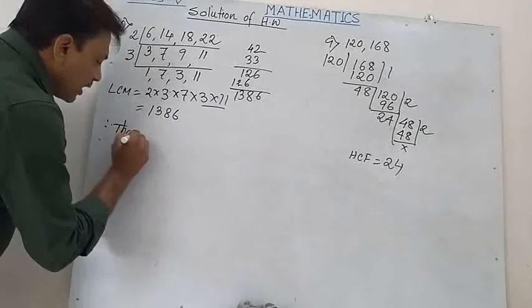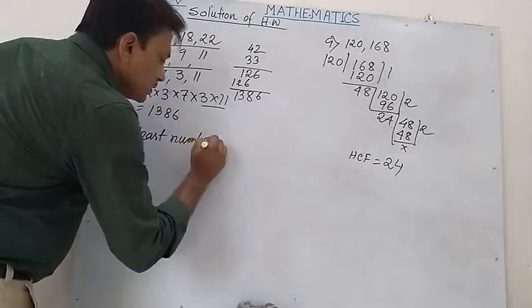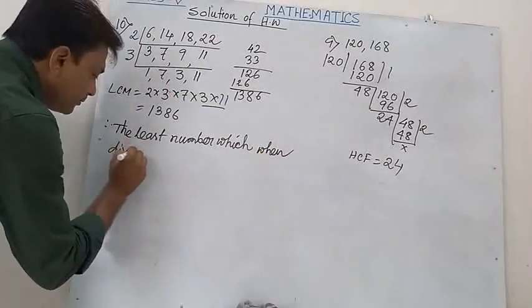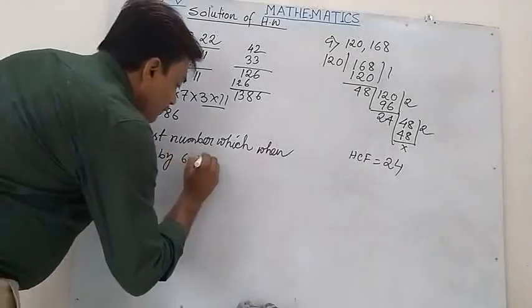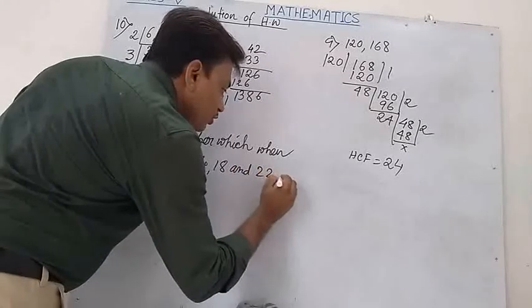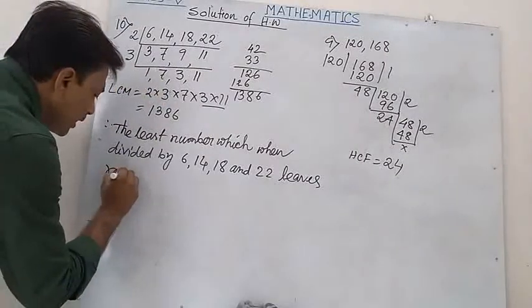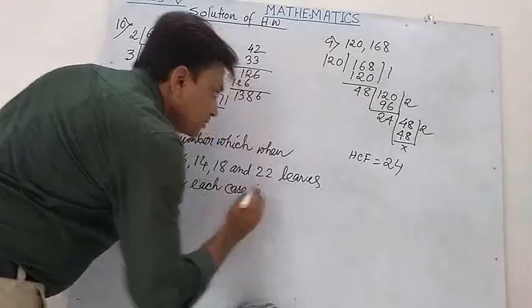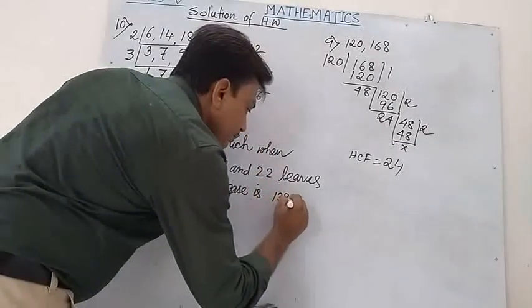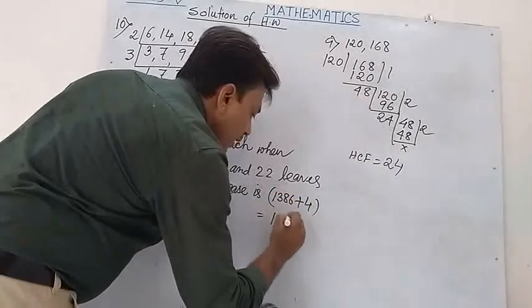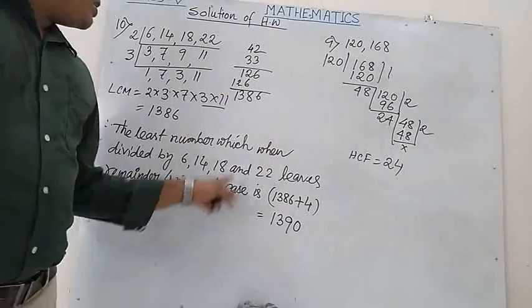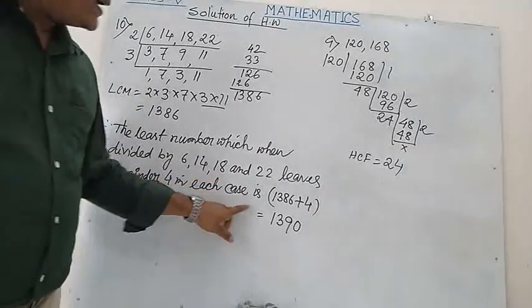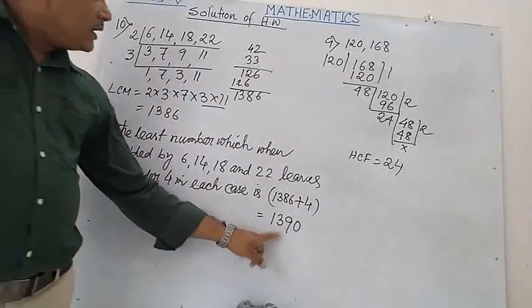So therefore the least number which when divided by 6, 14, 18 and 22 leaves remainder 4 in each case is 1386 plus 4, which equals 1390.